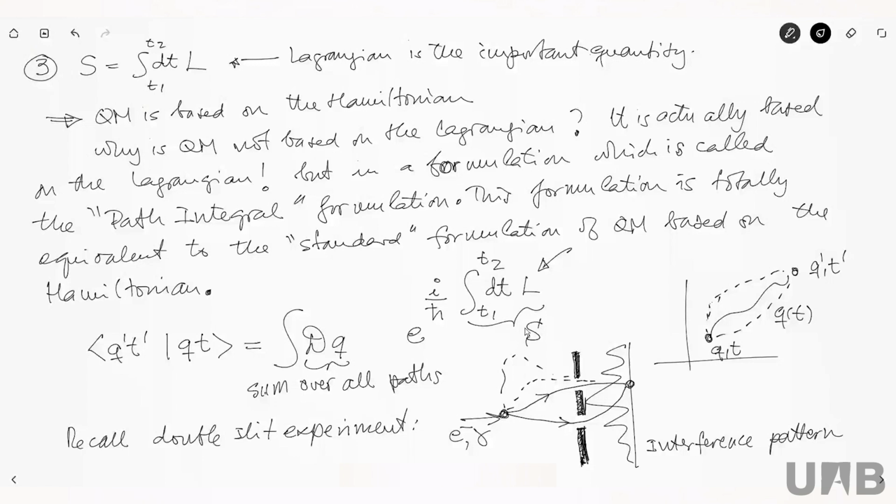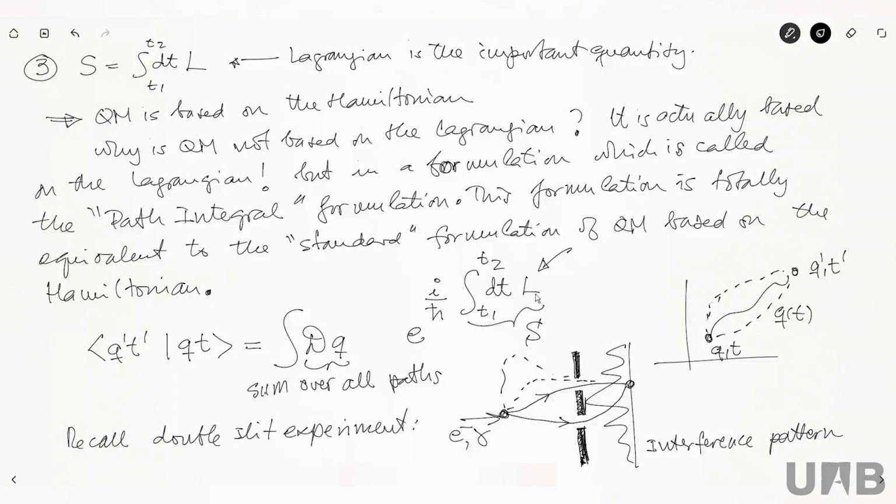So in the limit in which h bar is very small, or in other words, in the limit in which s, the action, is very large, all these paths are actually dominated by the path that makes the action stationary. That's the first term, because the fluctuations average to 0.